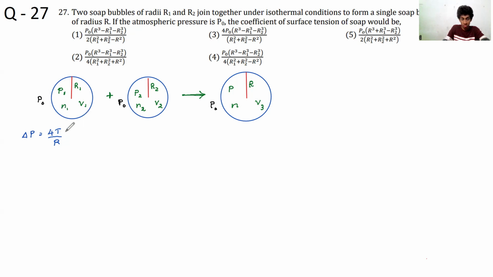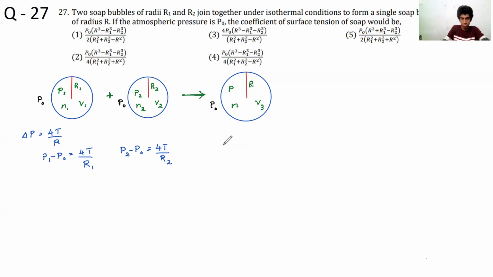Now let's apply this expression to the first soap bubble. So here it will be P1 minus P naught is equal to 4T over R1. Similarly, for the second soap bubble, P2 minus P naught is equal to 4T over R2.